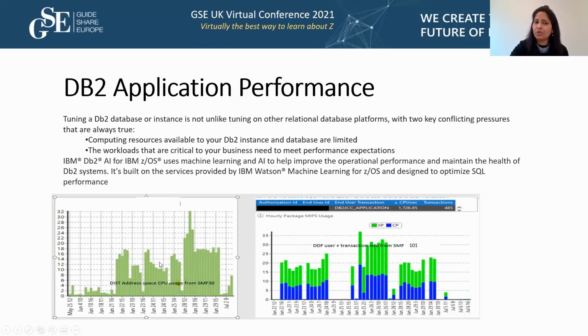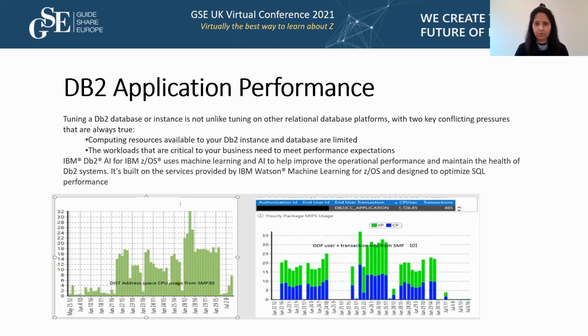If you really want to know the end user, the DDF end user ID, authorization ID or IP address of the Windows server, you have to go to SMF records 100 and 102, mostly 101. They will provide you the DDF end user ID and authorization ID. You will even get to know the system IP address.